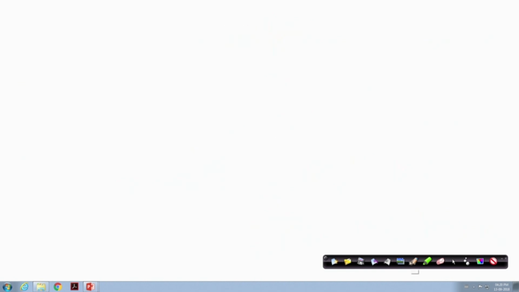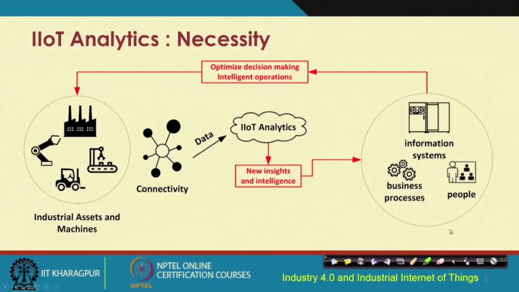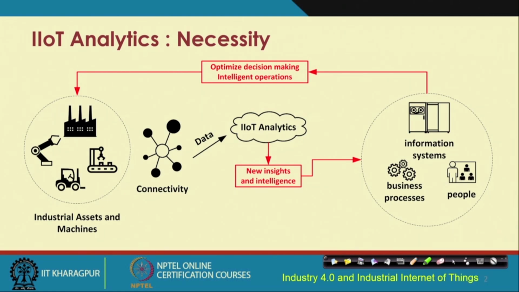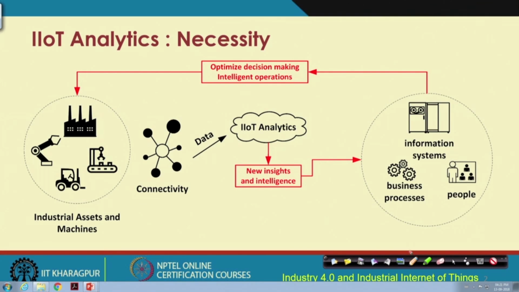So, let us now go back and have a look at what we have in terms of analytics with respect to IIoT scenarios. As I was telling you earlier, in an industrial setting, we have industrial assets and different machinery.